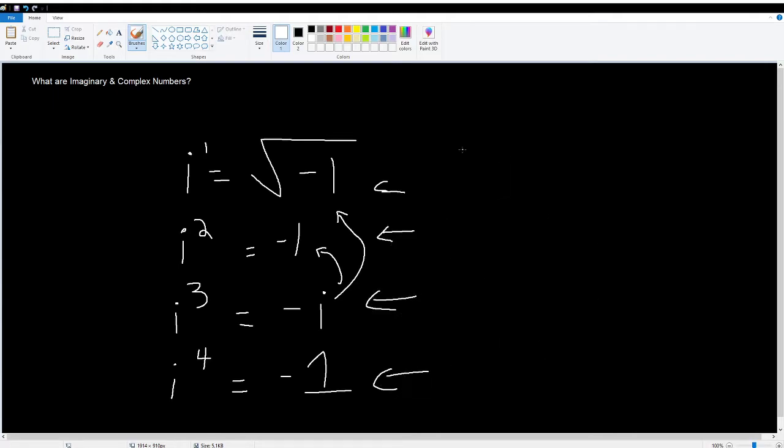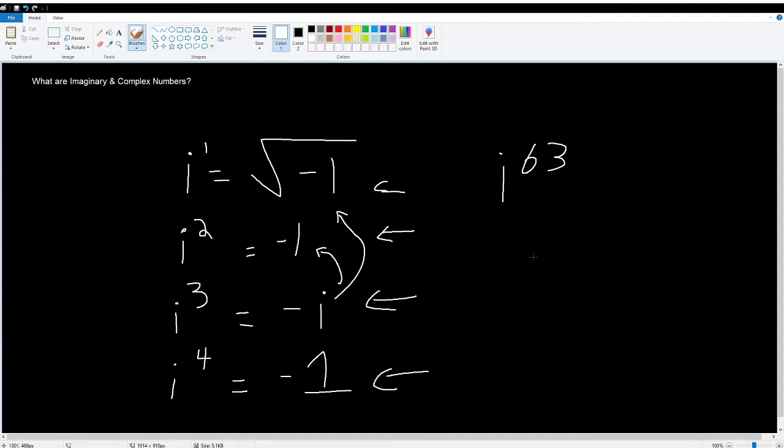So for example, if I have i to the 63, to find out what this is equal to, I'm not going to work out i times i times i times i 63 times. Rather, I'm looking at the exponent, and I'm going to divide by 4, and then find its remainder. That remainder is going to be a single digit. That's going to tell you what this power of i is equal to, okay?